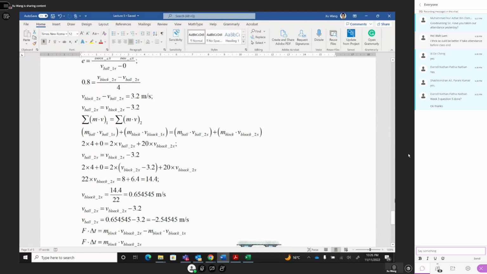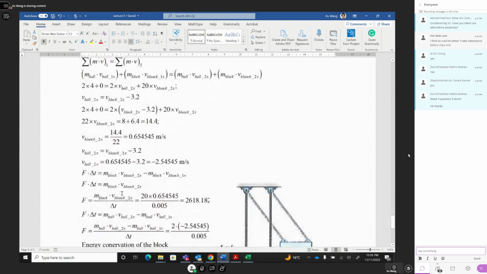This velocity. Okay. And then you want to get the force. You have to use the impulse. If you impact the block, impulse equals the momentum change, which is m block times v block 2 minus m block v block 1. V block 1 equals 0.